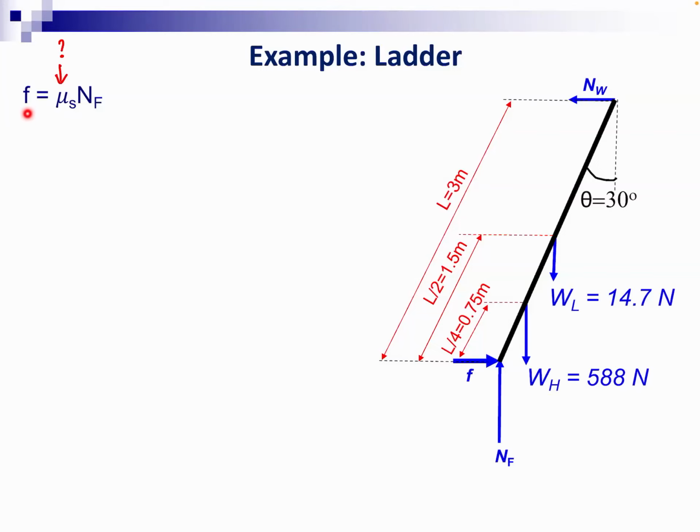Friction is defined as the coefficient of friction times the normal force, and it should be the normal force on the ground because that's where the friction comes in. So for us to know the coefficient of friction, we need to find the frictional force F, and we also need to find the normal force by the floor NF.